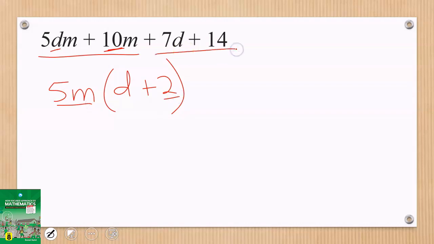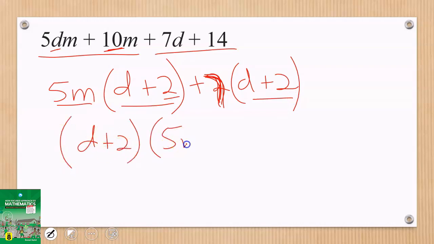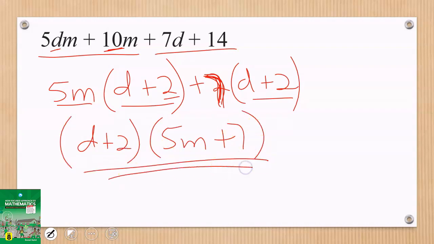On the part over here too, I can factor 7 out, and when 7 comes out, I have d plus 2 as well. Again, you see that the two terms in the bracket are the same. So when I bring d plus 2 out, I'll be left with 5m plus 7, and that becomes the factorization.